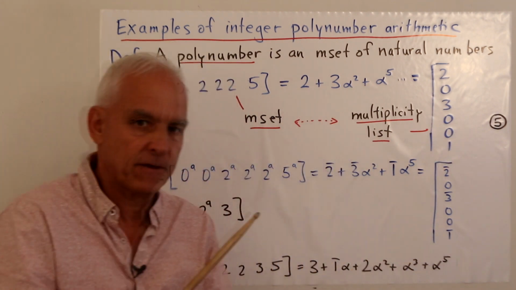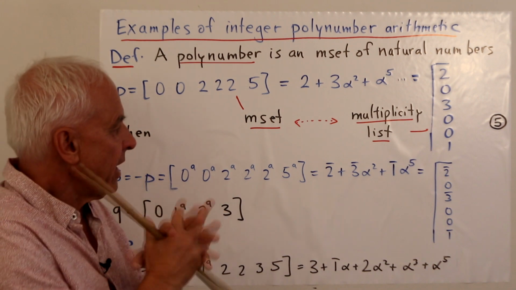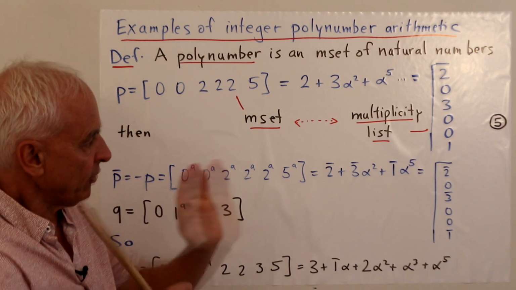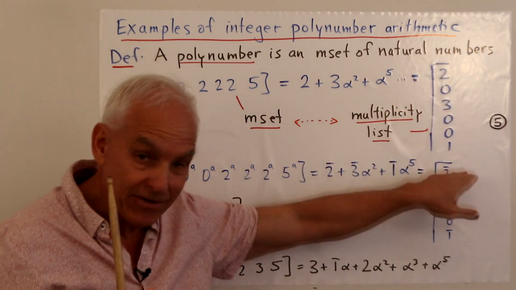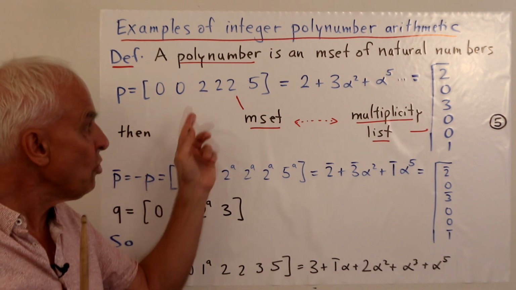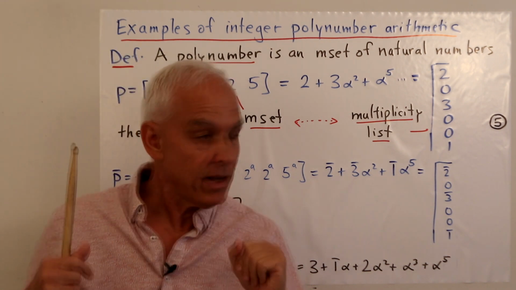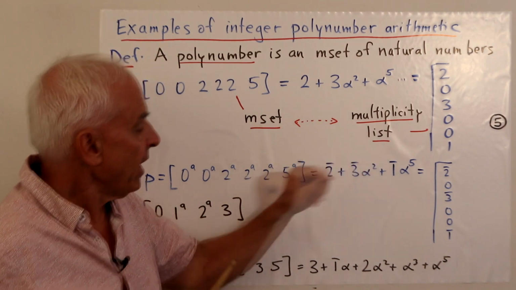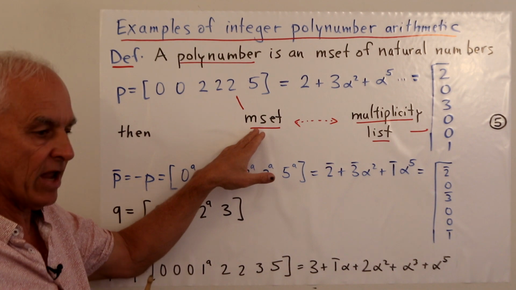So here there's a 2, there's 0 alphas, 3 alpha squareds, 0 alpha cubes, 0 alpha to the 4th, 1 alpha to the 5th. So let me just point out again the important distinction here between this more classical approach to what a polynumber is, namely as a list, and this new M set point of view towards what a polynumber is. These are closely connected in the sense that this thing here is really the multiplicity list for this M set.